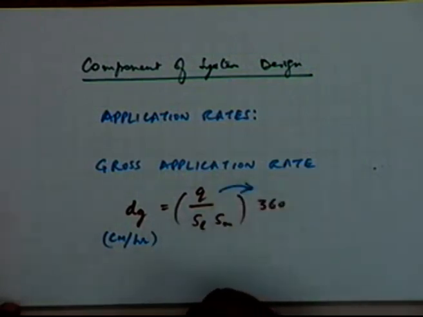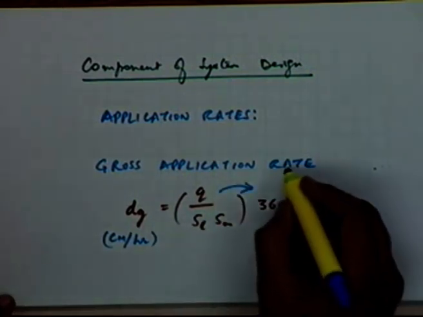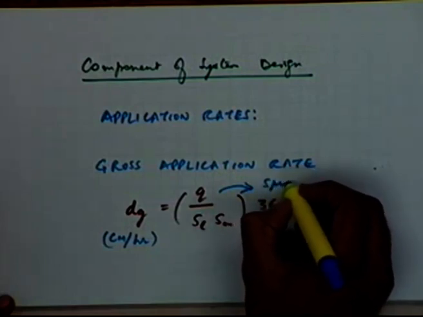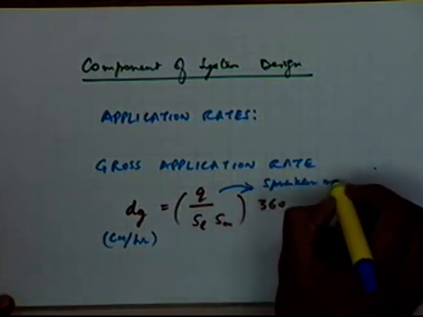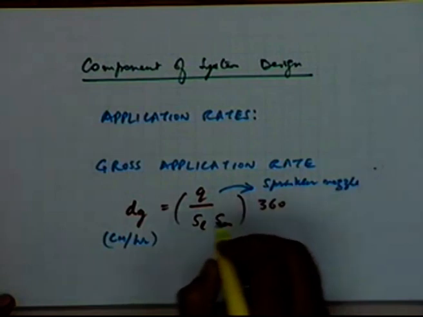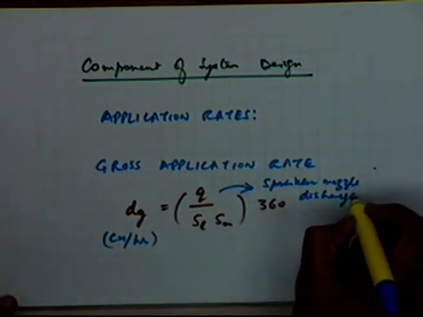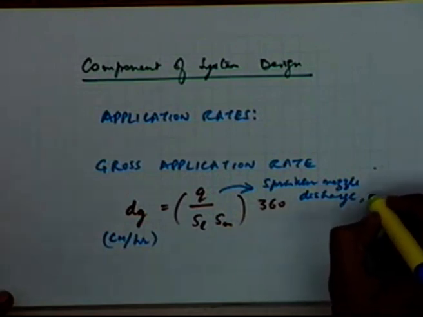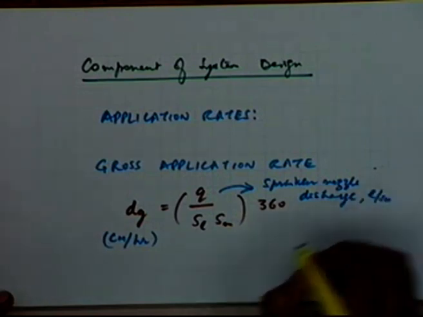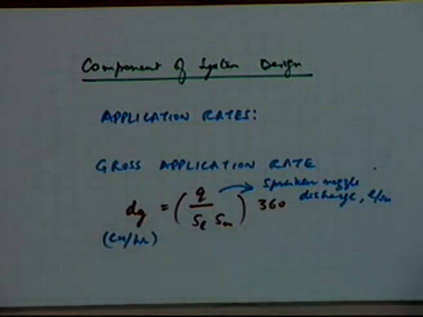Q is the sprinkler nozzle discharge, and this is given in liters per second.